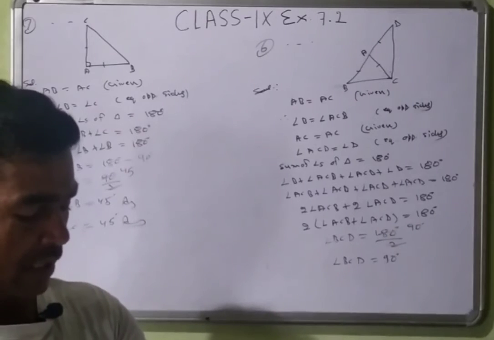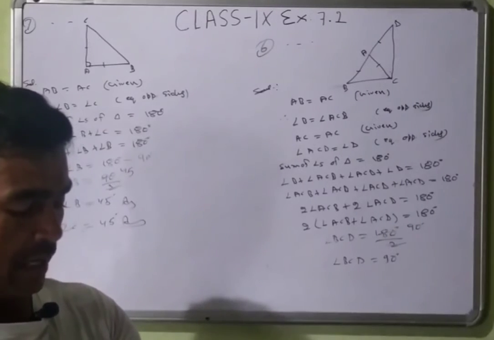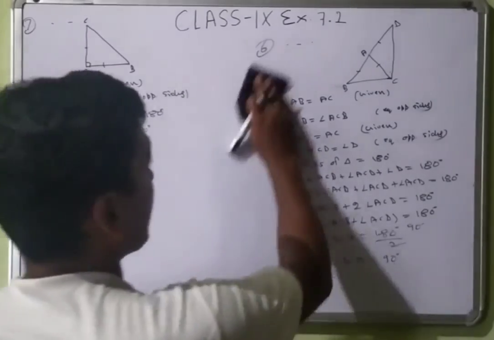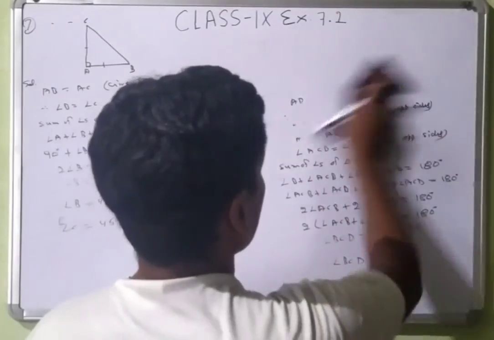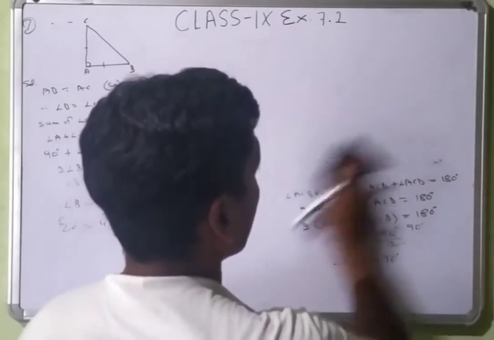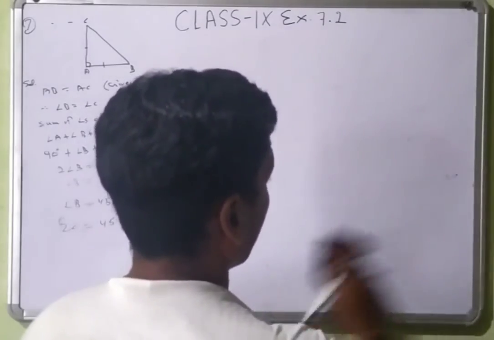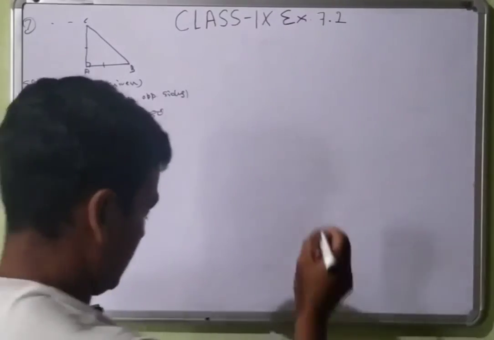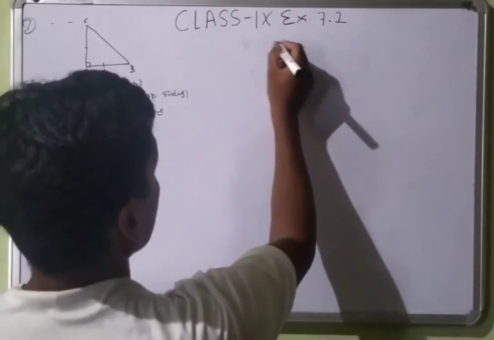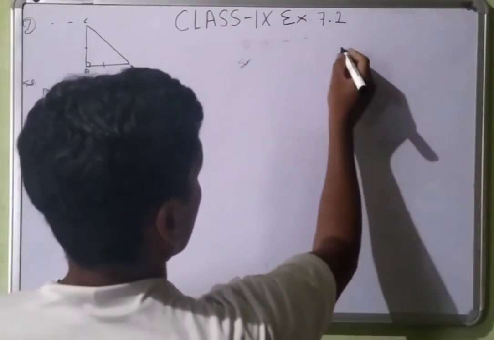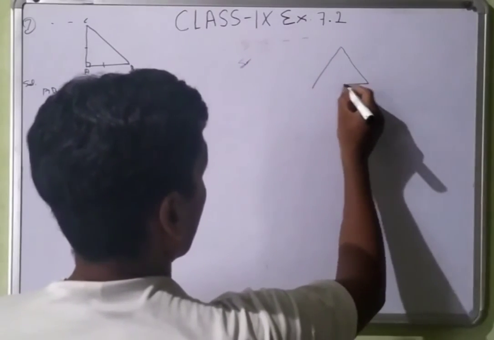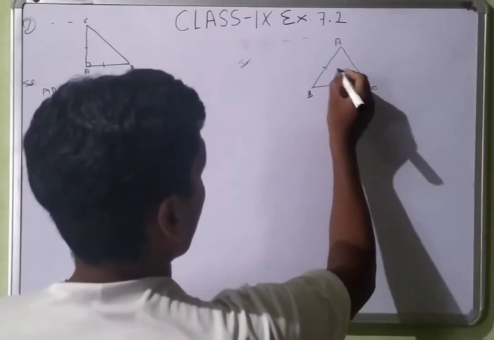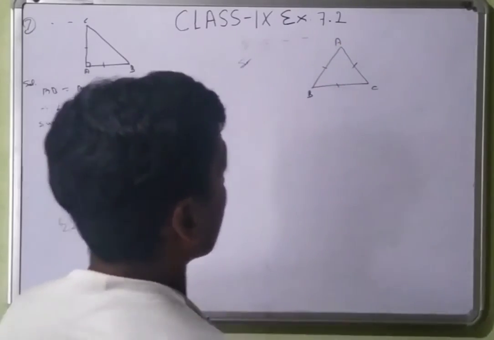Last question. Prove that the angles of an equilateral triangle are 60 degrees each. Equilateral triangle means all sides are equal. So first of all, draw the diagram. That is an equilateral triangle, all sides are equal.